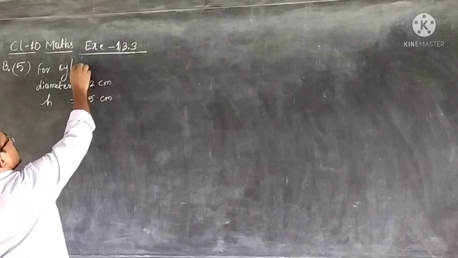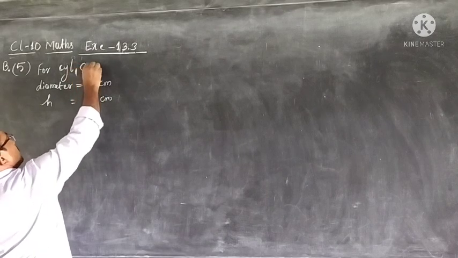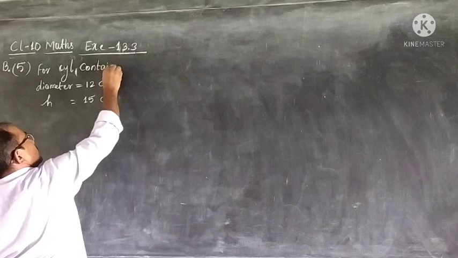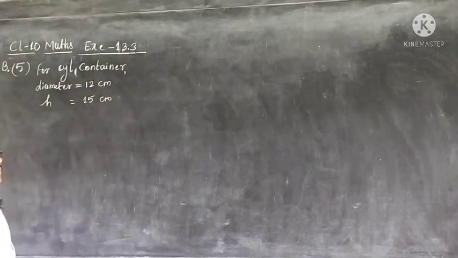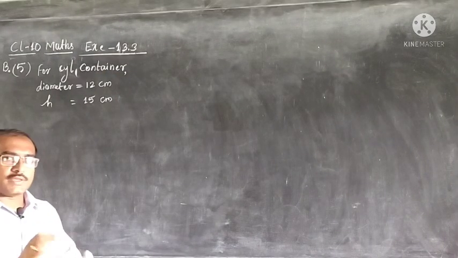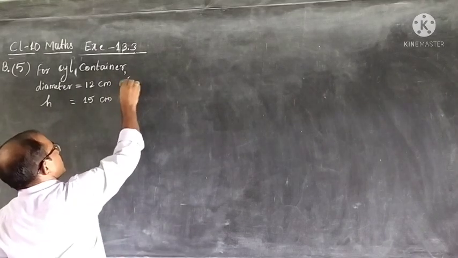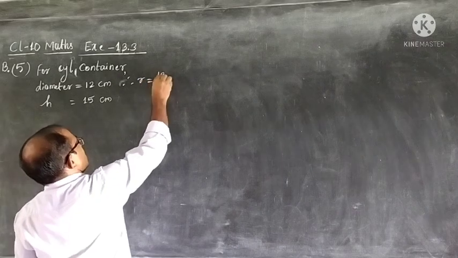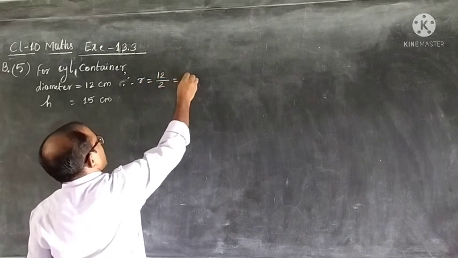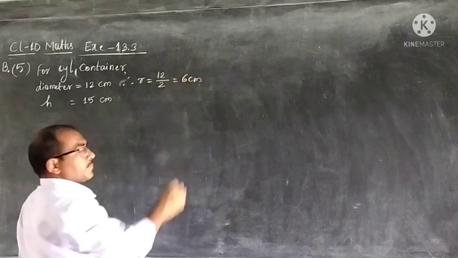We can write for cylindrical container. For cylinder we need radius and height. Diameter is given, no matter, we can find radius. Radius will be diameter by 2, that is 6 centimeter.